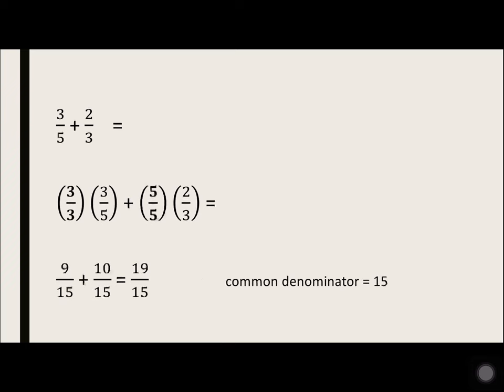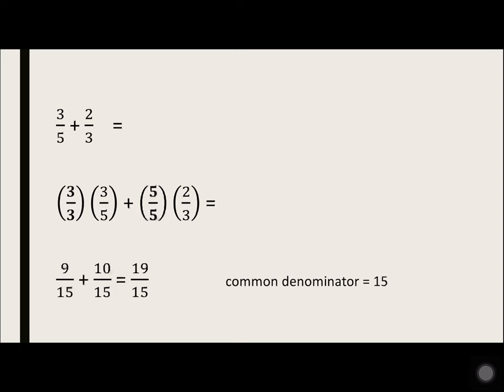3 over 5 plus 2 over 3. The common denominator is 15. 5 times 3 is 15. So on the left fraction, multiply the top and bottom by 3 so that you get 3 times 5 is 15. On the right fraction, it has a 3, so we multiply it by 5 to get 15.